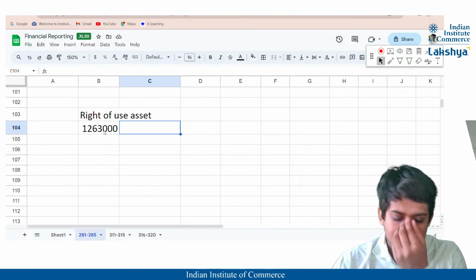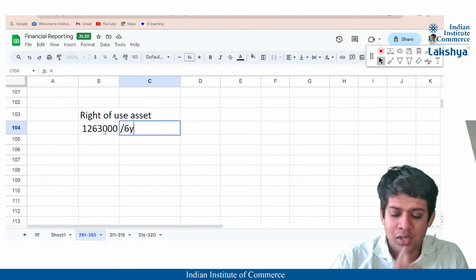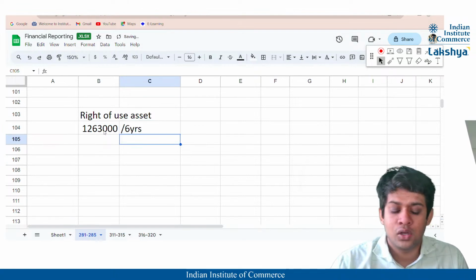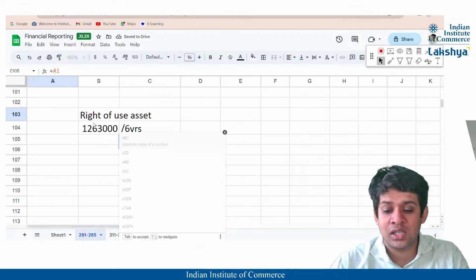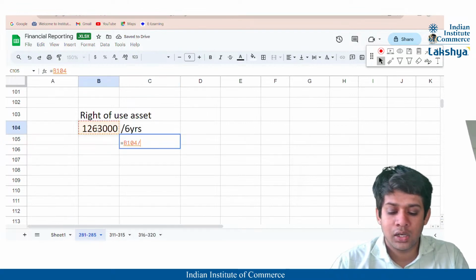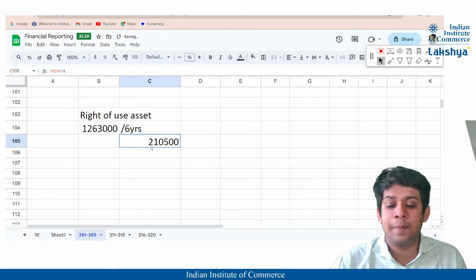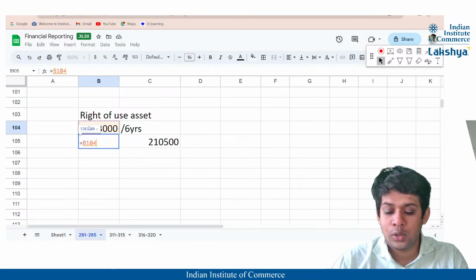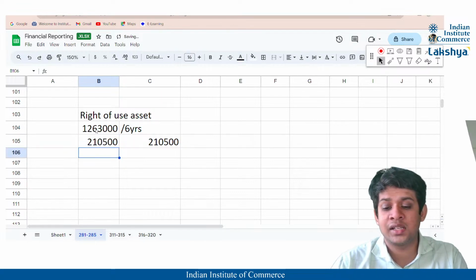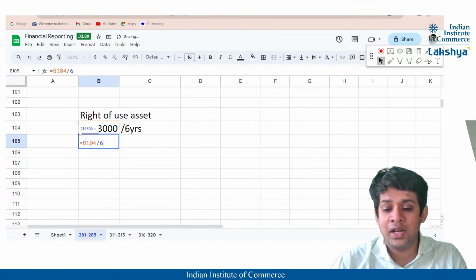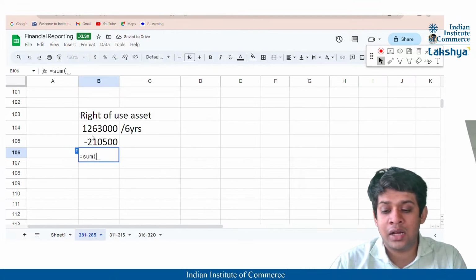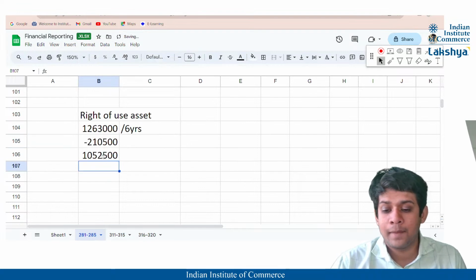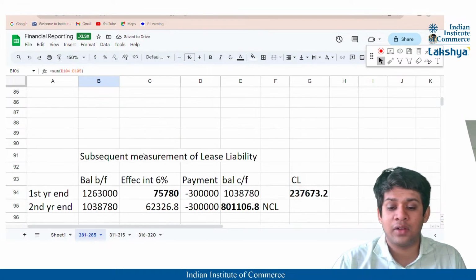So right now it is just 12,63,000 divided by 6 years of useful life. Our depreciation will be 2,10,000, and thus at the year end our carrying value is going to be 1,052,500.